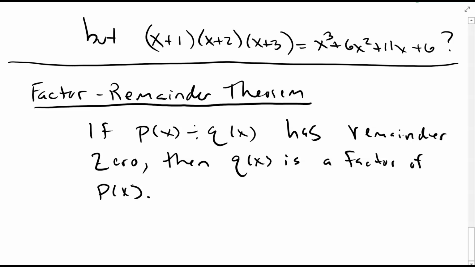Everybody okay with what this is saying? If I have 2 polynomials, and I divide them, and I get a remainder 0, that tells me that the dividend is factorable into something times the divisor.